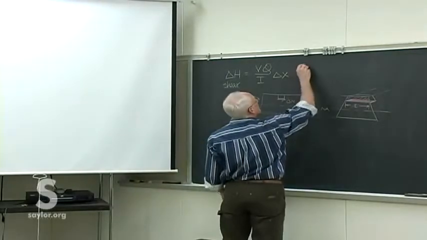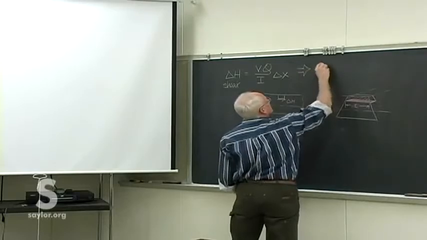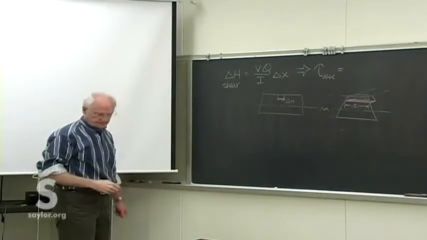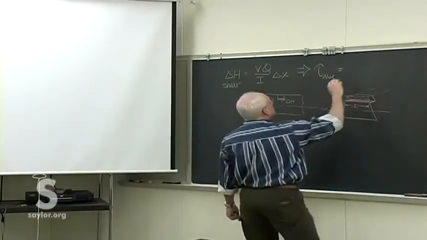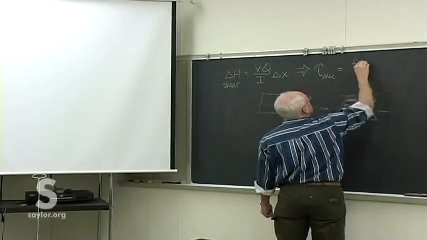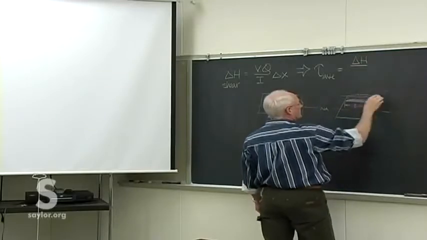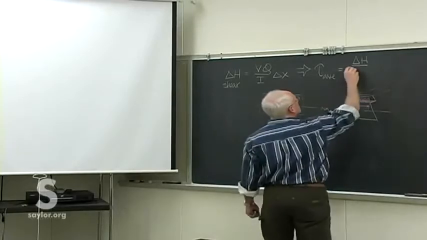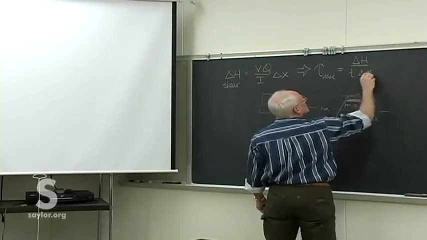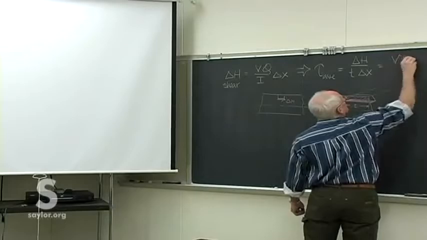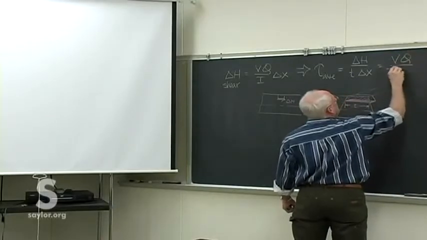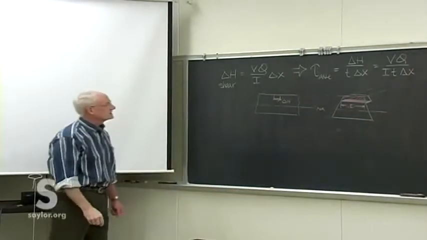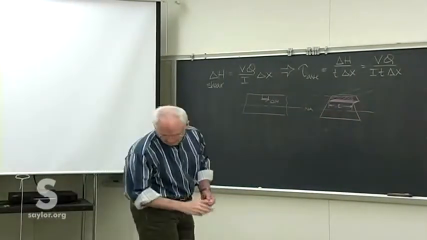So this then becomes the average shear stress: delta H over whatever that area is, which is T delta X. So this is VQ over I T delta X is the average shear stress.